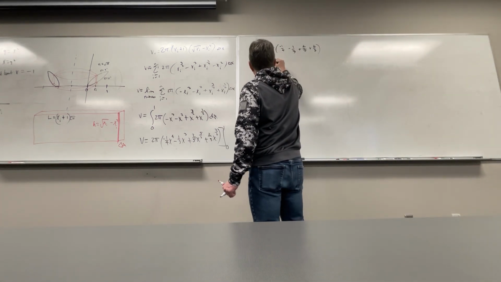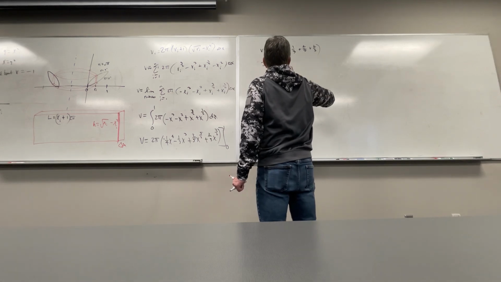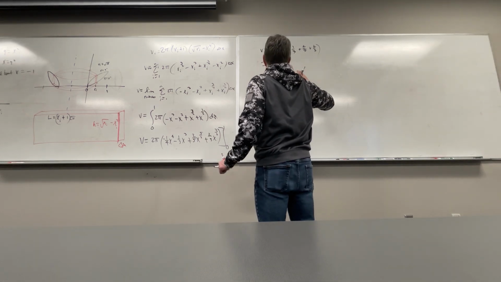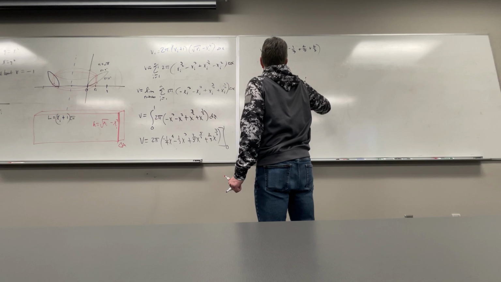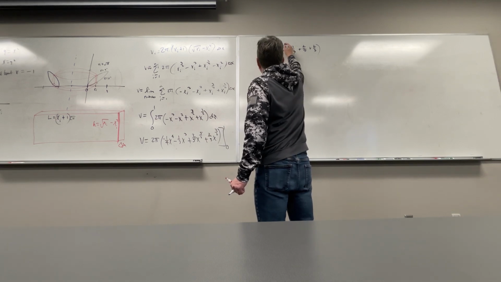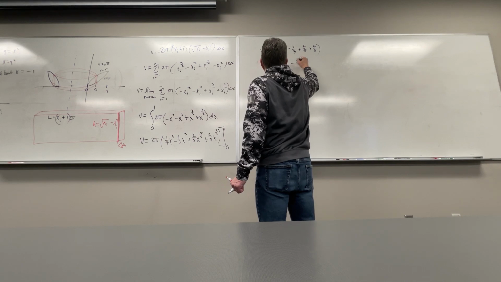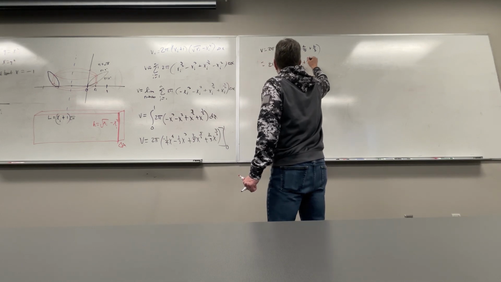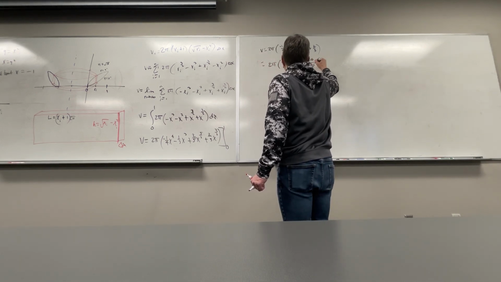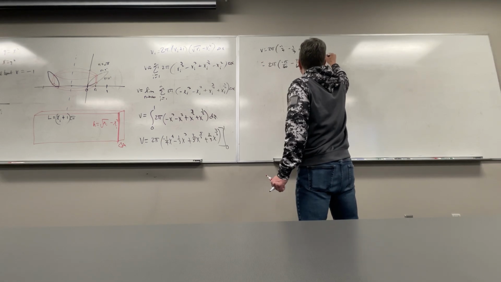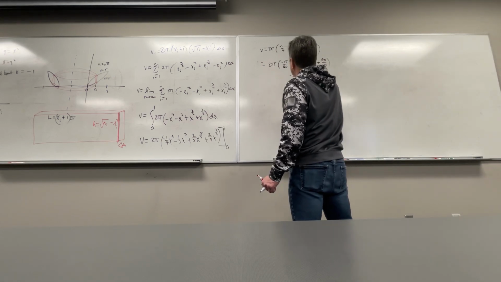Okay, so 2 pi times, we could make it a little simpler to start off with, but let's just go ahead and do it. So we'd have minus 15/60ths minus 20/60ths plus 24/60ths plus 40/60ths.